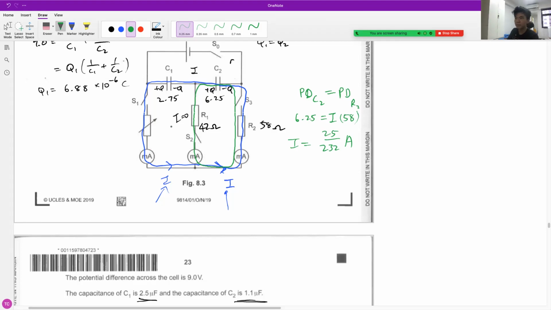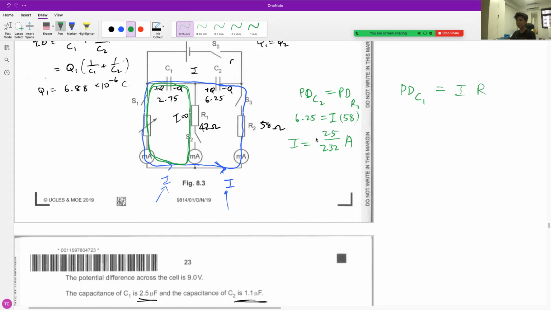Now we can consider the other loop, this loop over here. Kirchhoff's voltage law tells us that the PD of C1 equals the current times the resistance that we don't know.